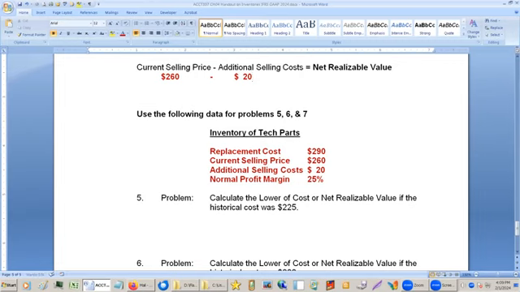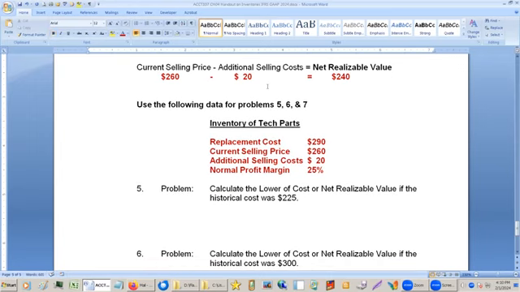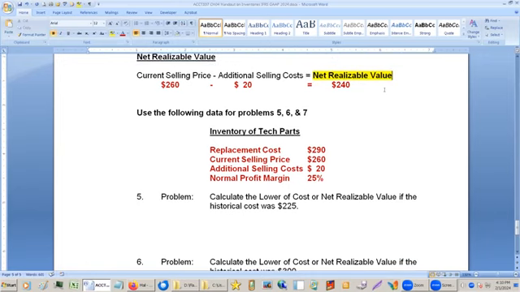And this will equal our net realizable value, which is 240. So this is our net realizable value, 240.